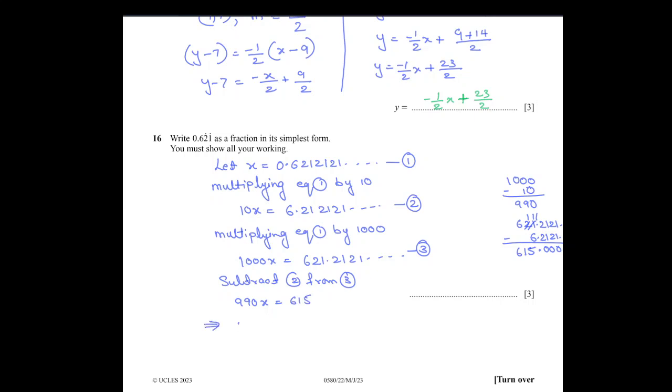Now keeping x, you take 990 on the other side. x is 615 by 990. Try to simplify this now. 3 2s are 6, 3 3s are 9. 5 into 30, 330... With 5 I'll divide now.